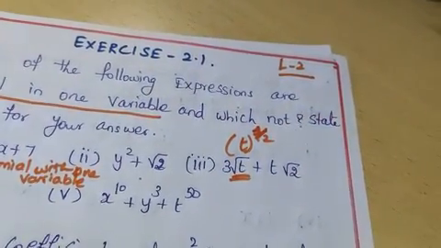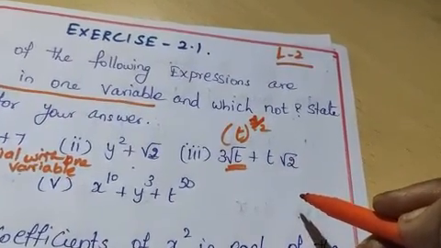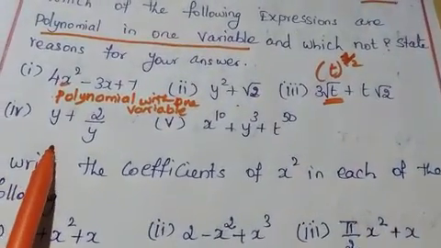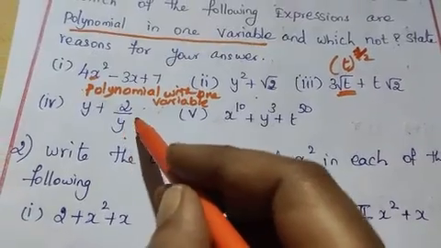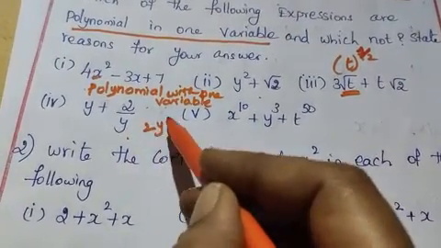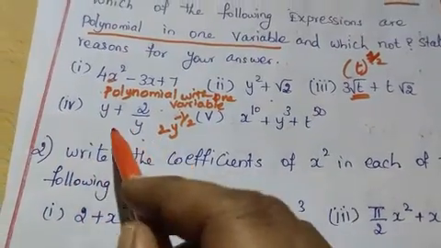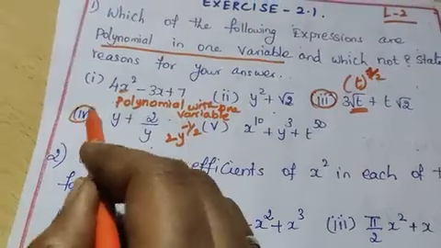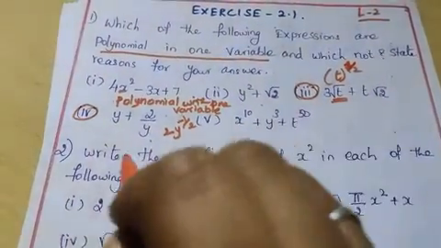The exponent is 1 by 2, so it is not a whole number. And here also the same kind, 2 upon root y. This can be written as 2 into y power minus 1 by 2. Like that only we will write. So questions 3 and 4 are not polynomials because the exponents are not whole numbers, they are negative or fractional.